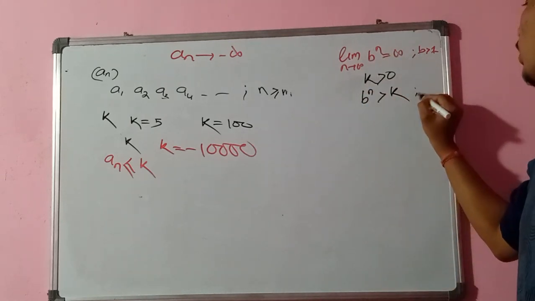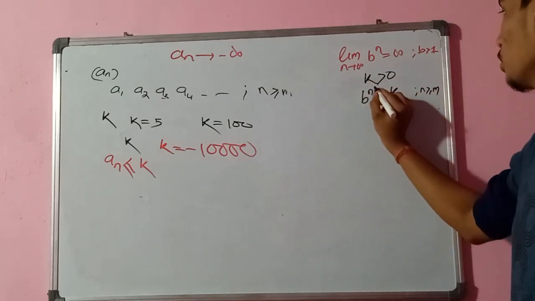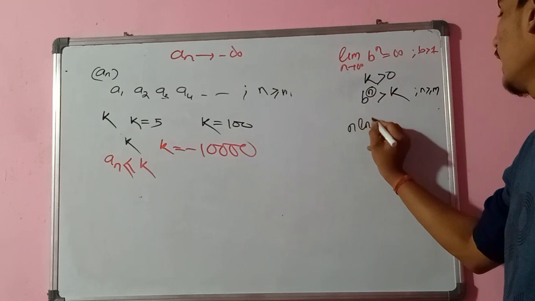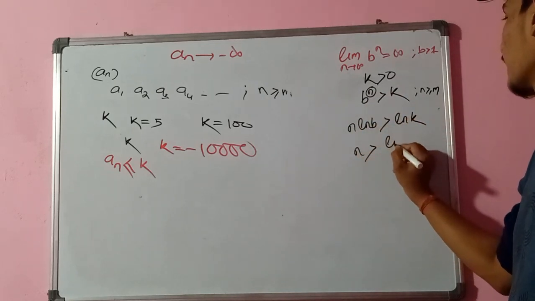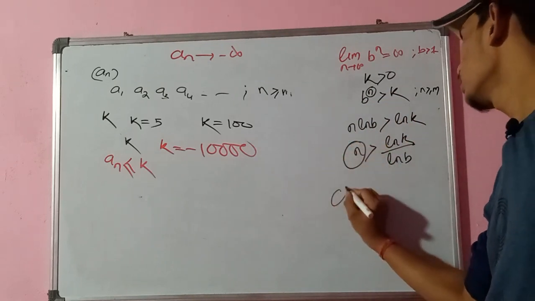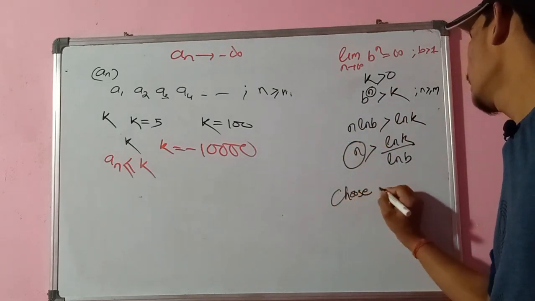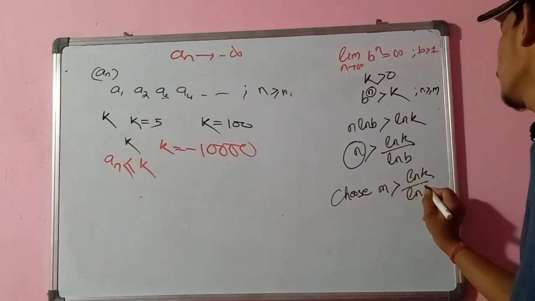So for all n greater than equal to m, take logarithm both sides. You have to choose n. n ln b should be greater than ln k. n should be greater than ln k by ln b. So you have to choose this n. So choose m which is greater than ln k by ln b.